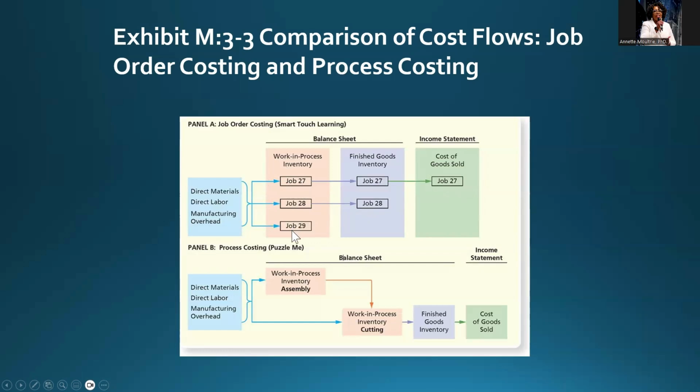And then you have job 29, which is in WIP. Okay? And here in panel B, you have the same accounts, but you have the work in process inventory assembly, whereas you have the WIP, which is in the cutting department, which goes to the finished goods inventory and to cost of goods sold.